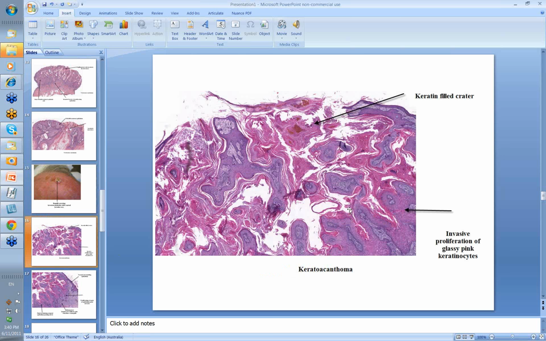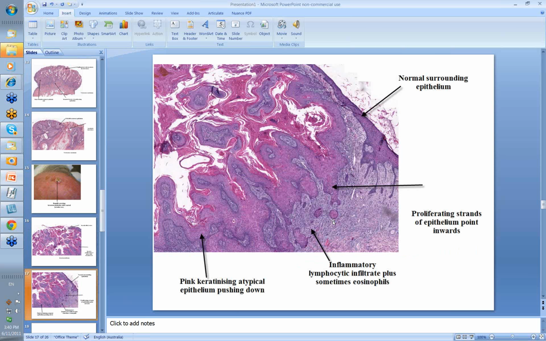And if you look at the histology, again, marked keratinization here in the center. You've got this invasive proliferation of these glassy pink keratinocytes. So the pinkness indicates that there's still keratinization occurring in this. But really, to diagnose a keratoacanthoma with any certainty, you've got to see the base of it.